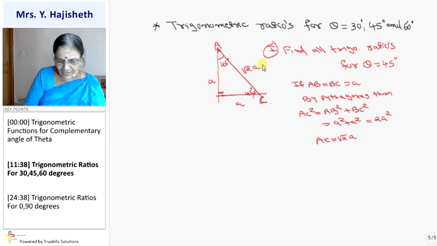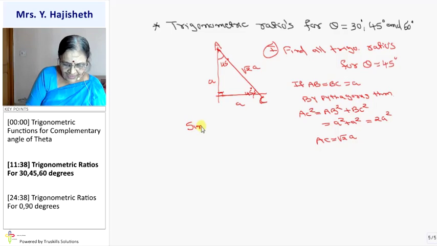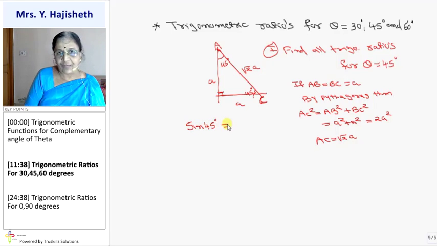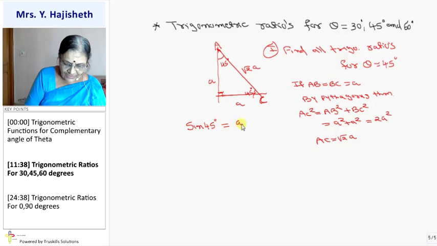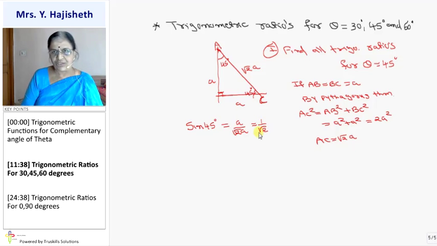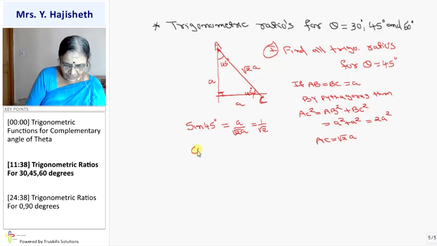So now I can find out from figure sine 45 degree is opposite side upon hypotenuse. So it is A by root 2A. So answer is 1 by root 2. Yeah? I got the value of sine 45. Cos 45 is adjacent side upon hypotenuse. That is also A by root 2A. It is coming 1 by root 2.